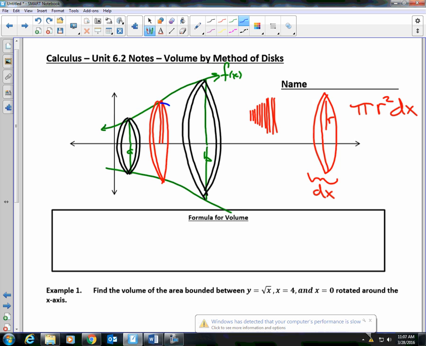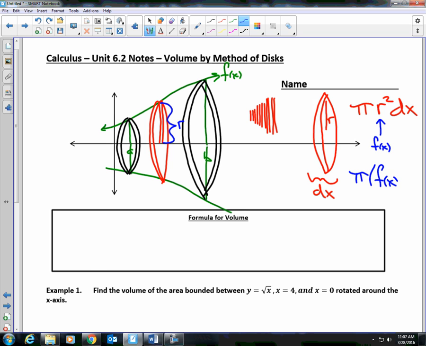As I drew my red disk here, would you agree that that blue segment represents the radius? Can you think of an expression for the radius, something that would have an x? f of x. Look, the distance from 0 to this function is f of x. So we plug f of x into that radius, and we come up with pi times the function squared dx.